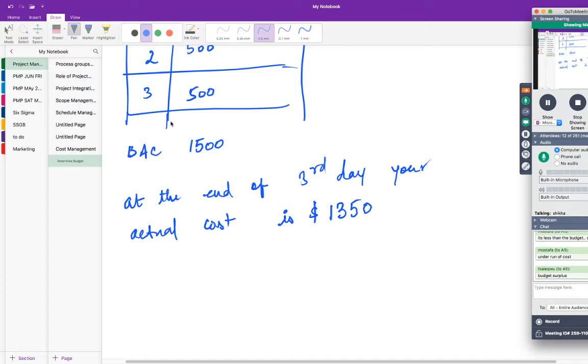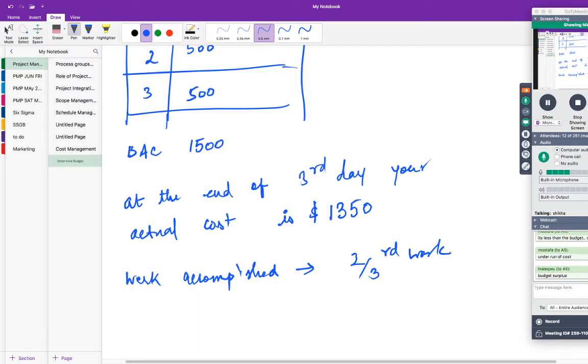At the end of the third day, you have accomplished 2/3 of the work. You should have completed 3/3 of the work, but you have completed 2/3. Now look at the data.